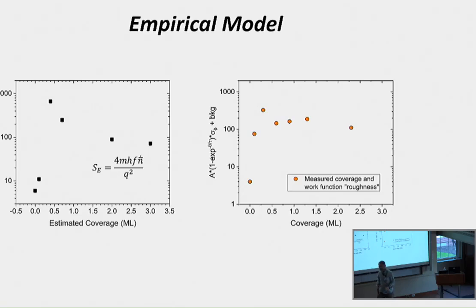And I'm saying that that's the coverage dependence, right? So if you have no coverage, you don't have any heating. But if you get enough coverage, it doesn't care anymore. You know, the ion doesn't care if you make the crap thicker and thicker and thicker. So that's the shape for the coverage dependence.